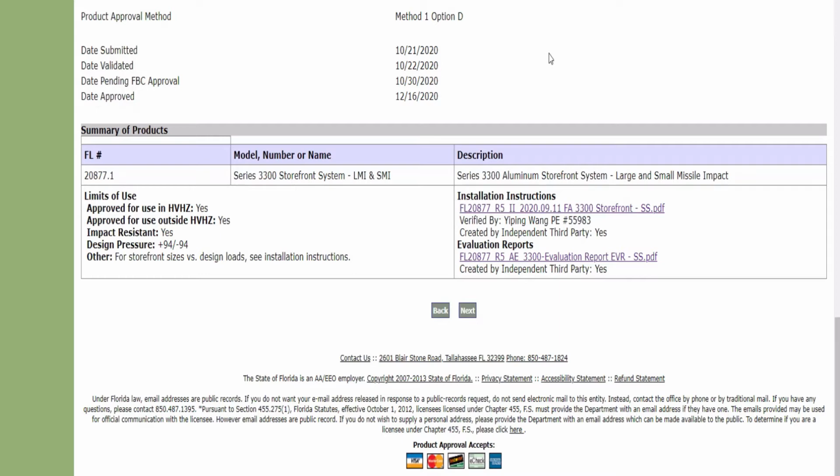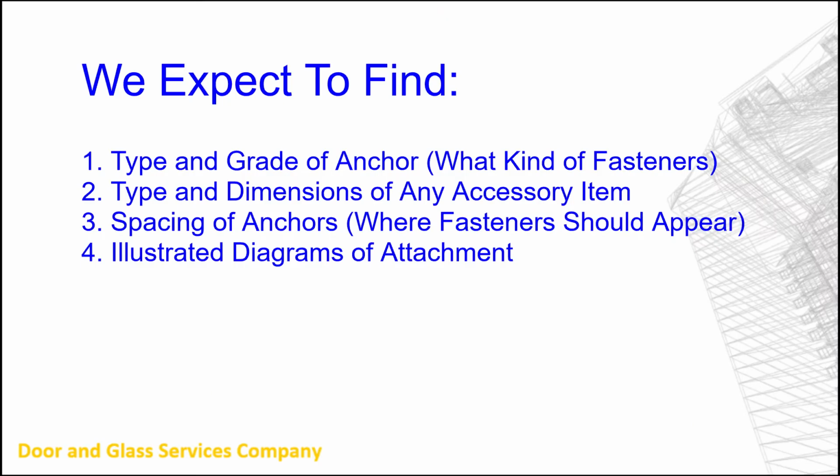and the installation instructions. Summing all of that up, we expect to find what kind of fasteners we use. We expect to see the dimensions and accessory profiles that are used in the product itself. We expect to see the spacing of anchors so we know where they should be when the product is correctly installed.